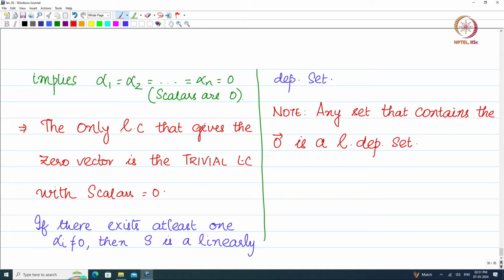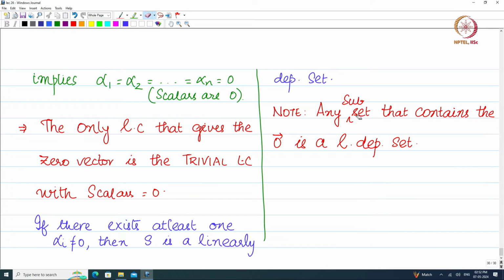Now, we have already seen that in 2 dimensions, if you just take 2 vectors in R2, the 2 vectors are linearly dependent if one is the scalar multiple of the other, right. So, let us make it very clear.